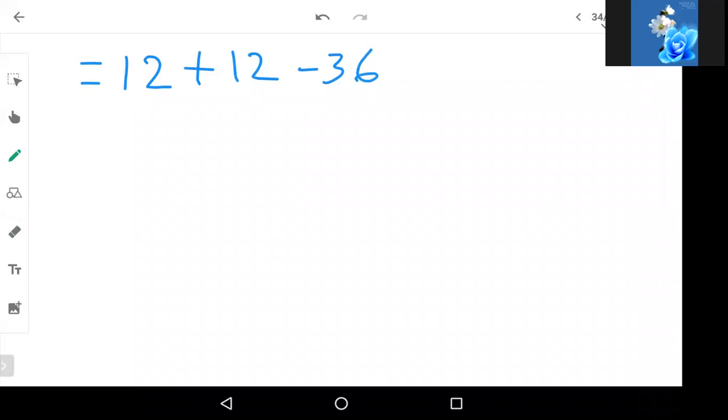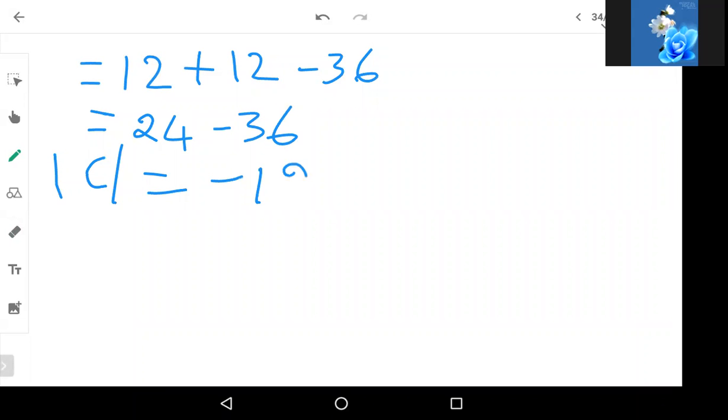So 12 plus 12 is 24 minus 36. So determinant of C is minus 12. This is your answer.